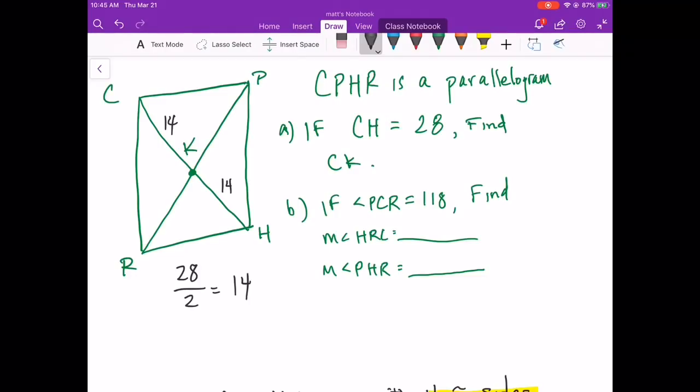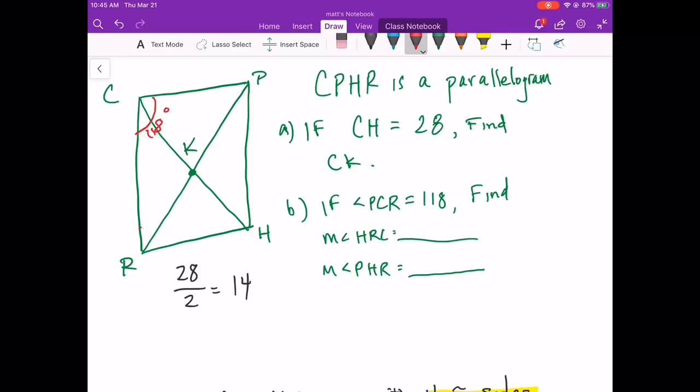All right, next piece. Let me get rid of these 14s just to give us some more room here. If angle PCR is 118 degrees, that's this entire angle here, P to C to R, find HRC.